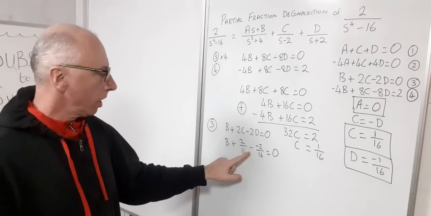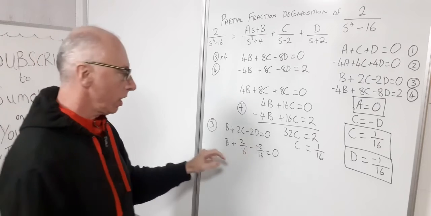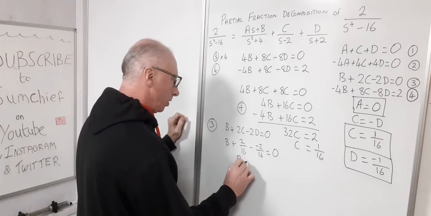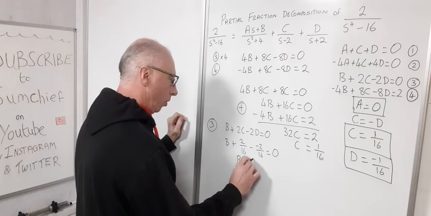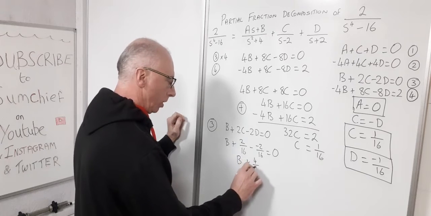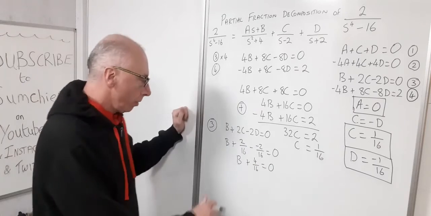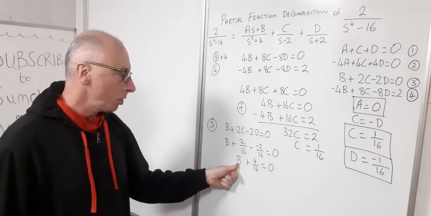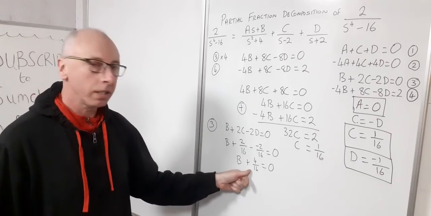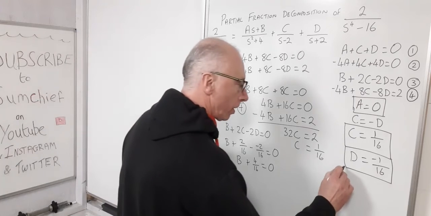Well, 2 over 16 minus 2 over 16, that's going to now simplify to b plus 4 over 16, which we know is a quarter. That equals 0. So with this here now, I can say that b must be minus 4 over 16, hence minus a quarter. So therefore b equals minus a quarter.